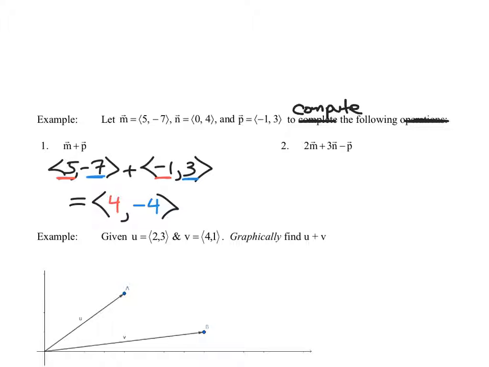Maybe even number 2. Except I wouldn't even show the step of actually writing 2 as a coefficient of m. I would jump right to doubling m. So I got my m over here, 5, -7. I'm going to double that, so 10, -14. Then I got my n over here. I'm going to triple that, so plus 0, 12.